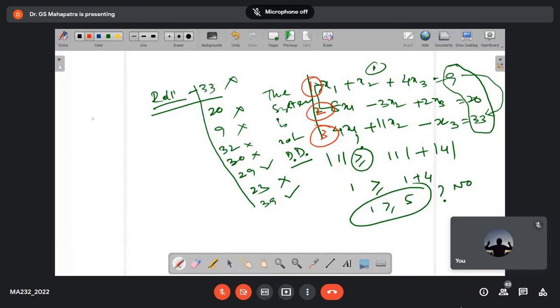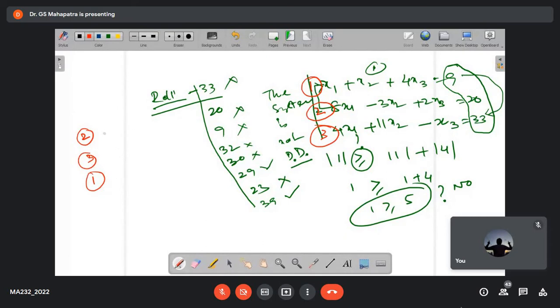Yes, sir. Roll number 39, yes. How? Tell me the arrangement. That means the serial numbers now: 2, 3, 1. Yes or no? Yes, sir.